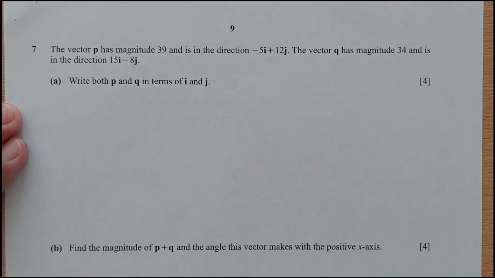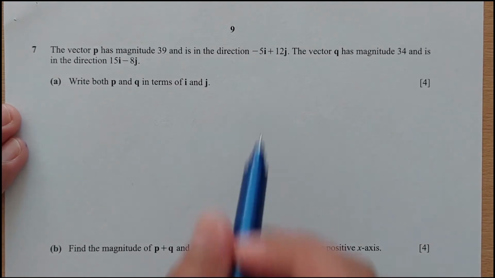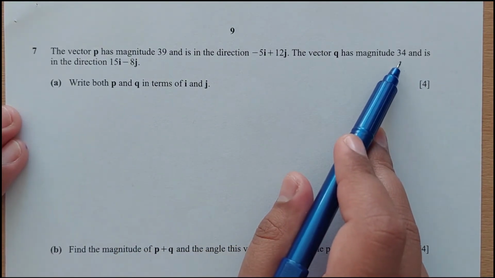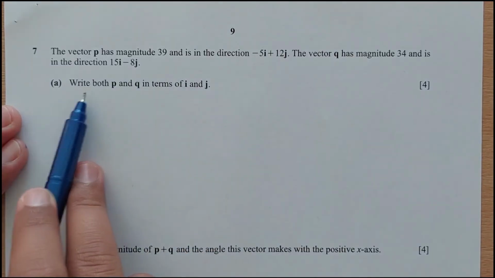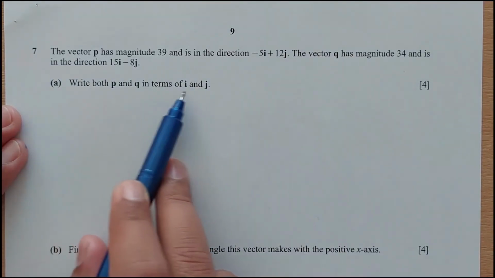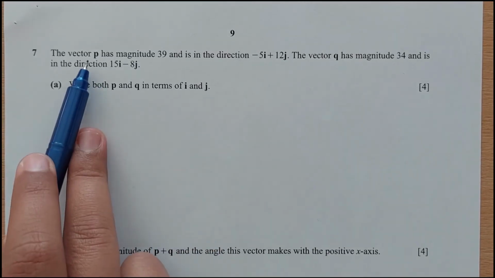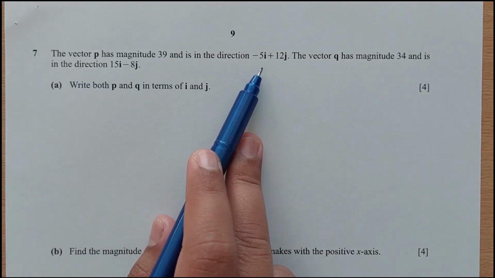Question number 7. The vector p has a magnitude 39 and is in the direction of this. The vector q has a magnitude of 34 and is in the direction of this. For part a, write both p and q in terms of i and j. Okay. So first we have the vector p, with magnitude and direction given.